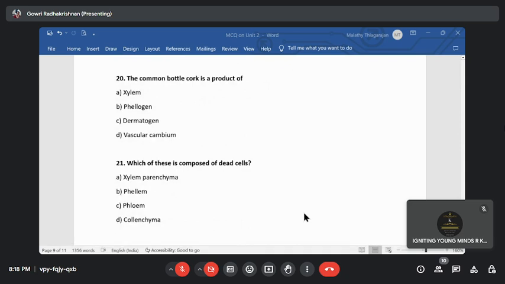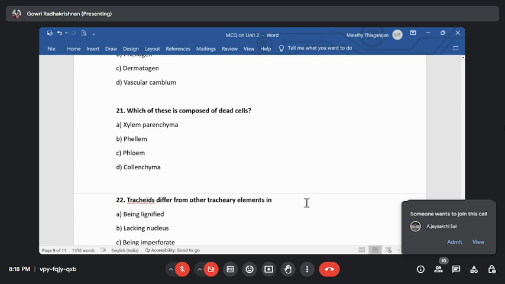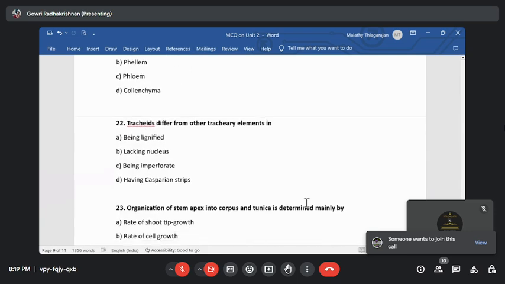Alright, 20th. The common bottle cork is a product of? Vascular cambium, ma'am. No, phellogen. Which of these is composed of dead cells? Option B, ma'am. Phellem. Yes, option B is the correct answer. 22.